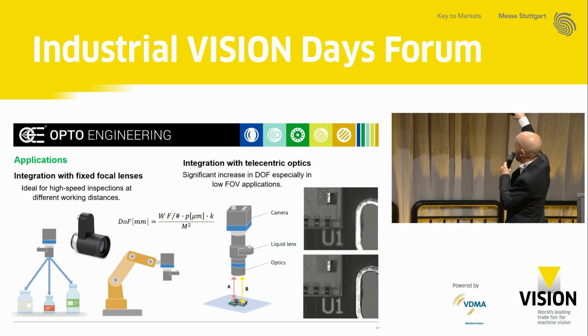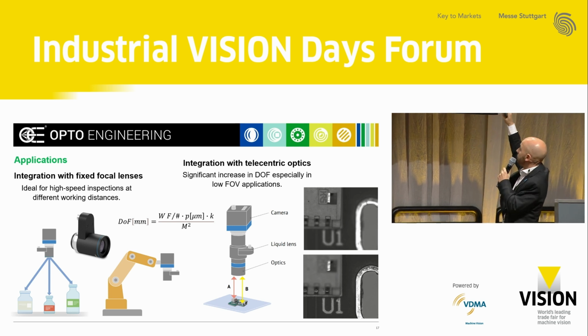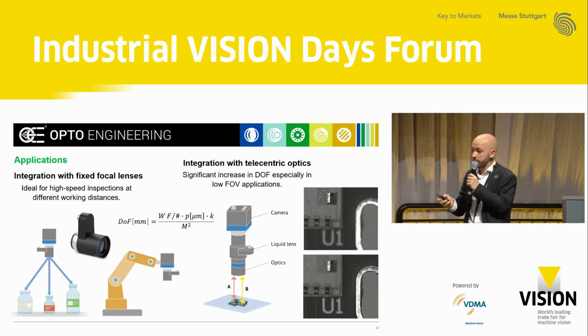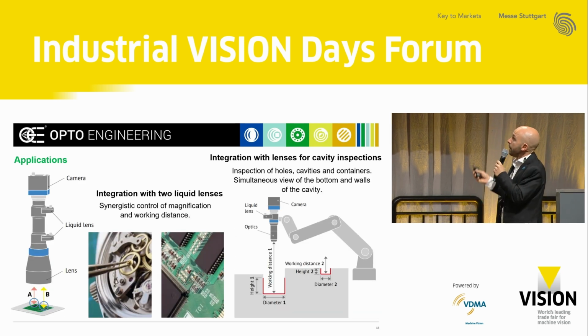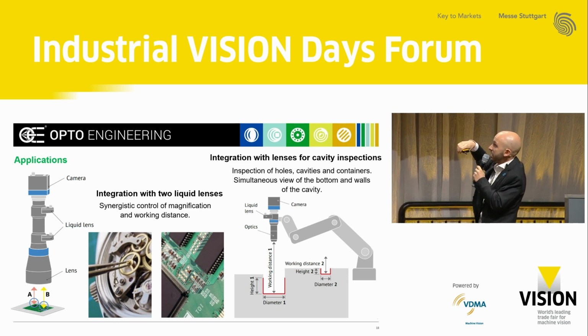Here in the picture you can see from a PCBA how two different parts of the PCBA can be easily brought into focus in just a few milliseconds. Another integration could occur with two liquid lenses.